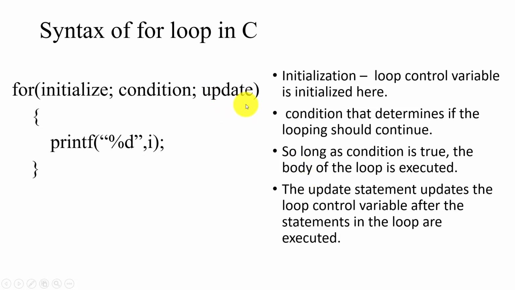That's why it is called an update. The update statement updates the loop control variable after the statements in the loop are executed, and it might be an increment or a decrement.